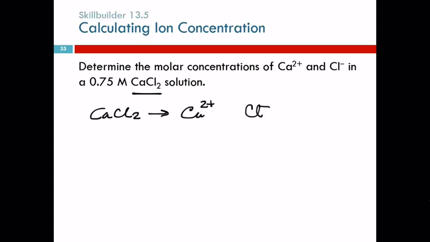How many of each? If we have one of these, how many calcium ions do we get? 1. And how many chloride ions? 2, because this has 1 calcium and 2 chlorides. So if we have 0.75 moles per liter calcium chloride, how many moles per liter of calcium ions are we going to have?